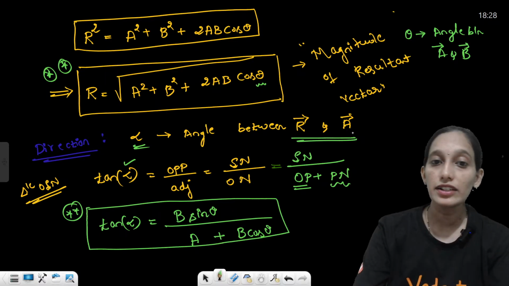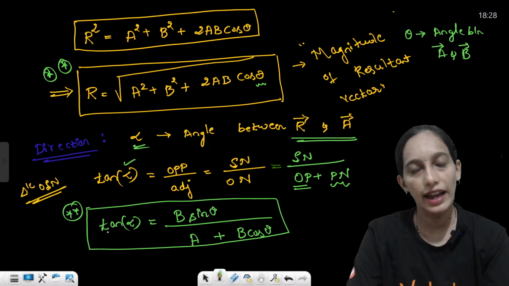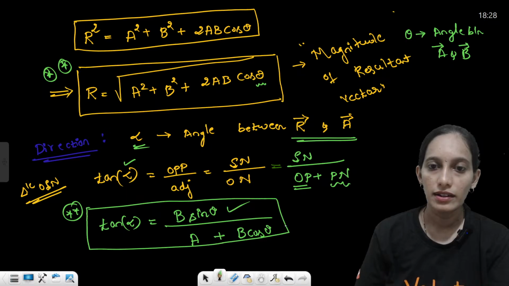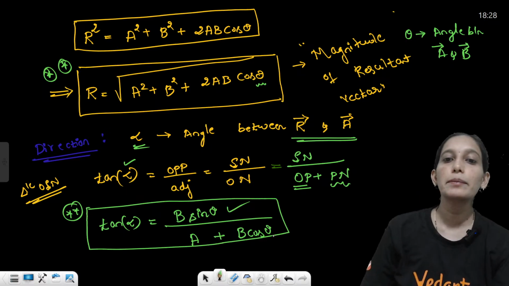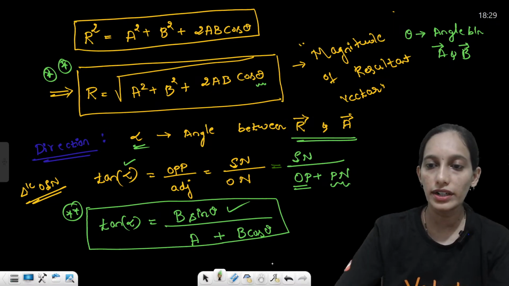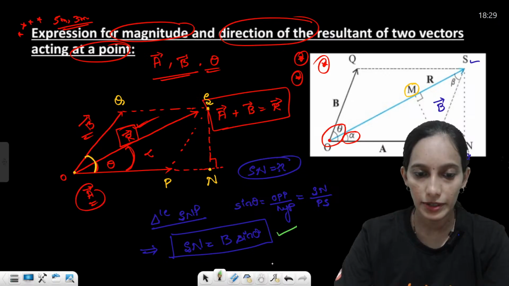Direction of the vector we usually express in terms of angles. So tan alpha is equal to B sin theta divided by A plus B cos theta. This derivation is one important question for 5 marks.